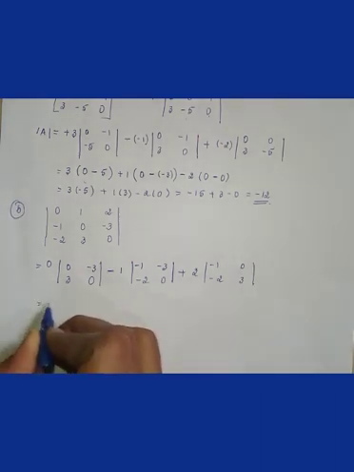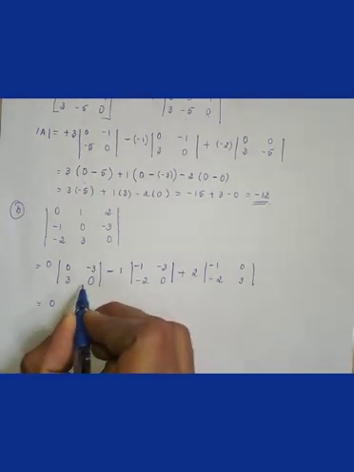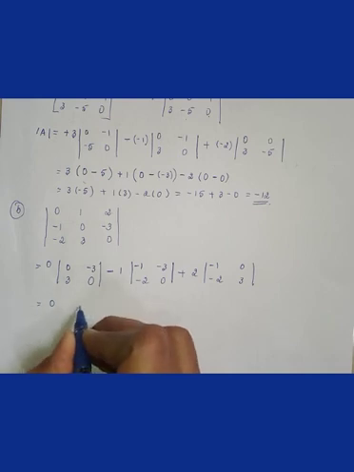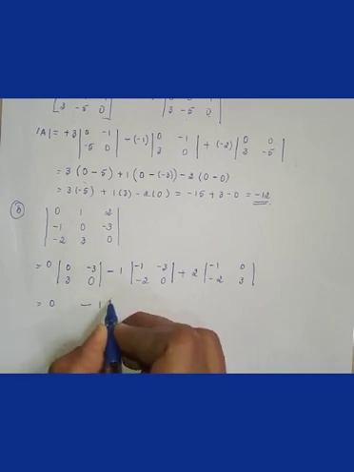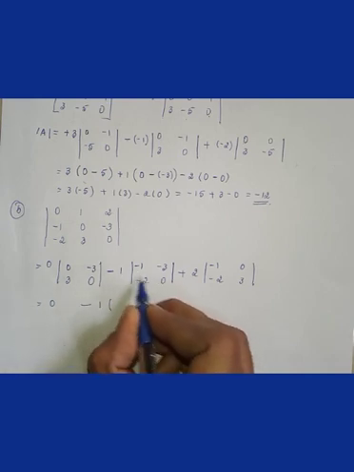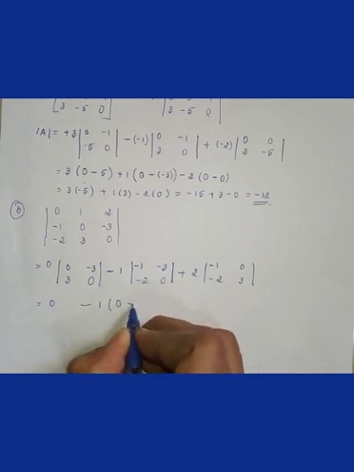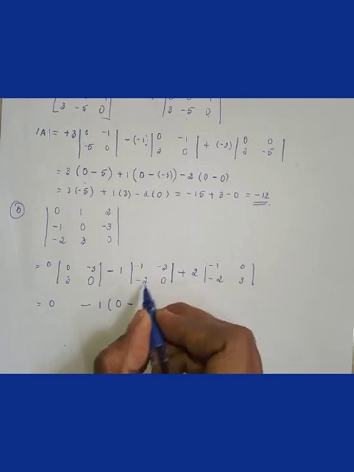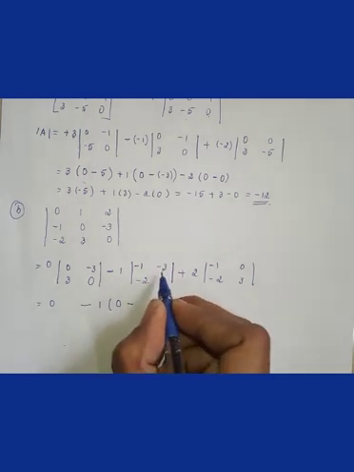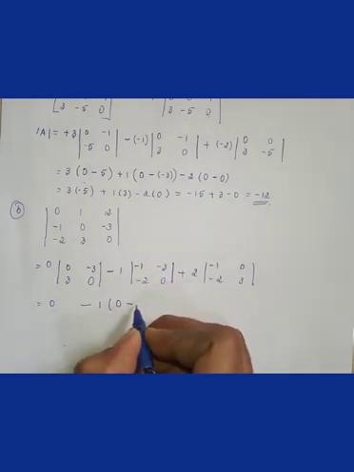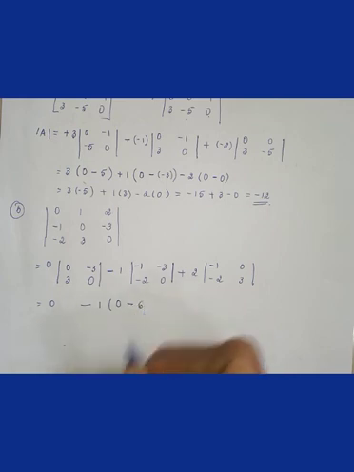Now expand. 0 into any number is 0, so I'll directly write minus 1 into, first multiply the diagonal entries, minus 1 into 0 is 0, minus multiply the non-diagonal entries, minus 2 into minus 3 is plus 6. So this is 6.